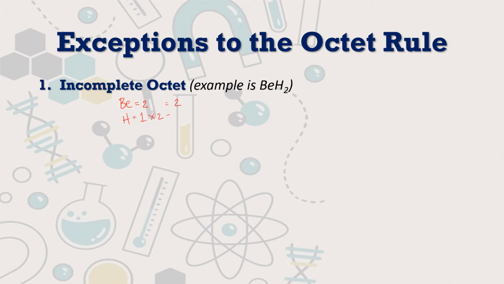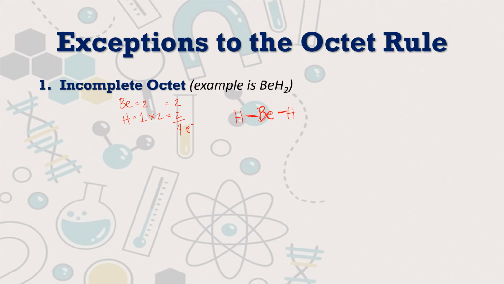We have 2 plus 2, the total is 4 electrons. If we are going to write the Lewis structure of this one, Be, H, and then another H. If you can see in here, beryllium doesn't need to meet the octet rule.